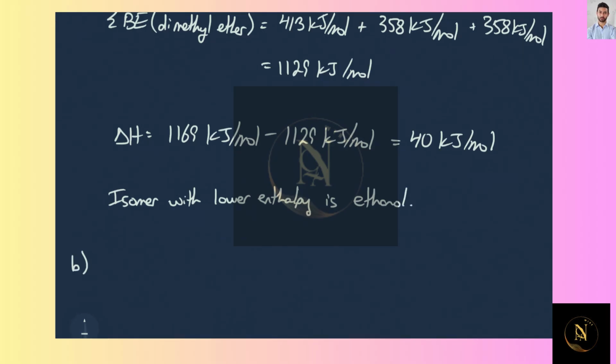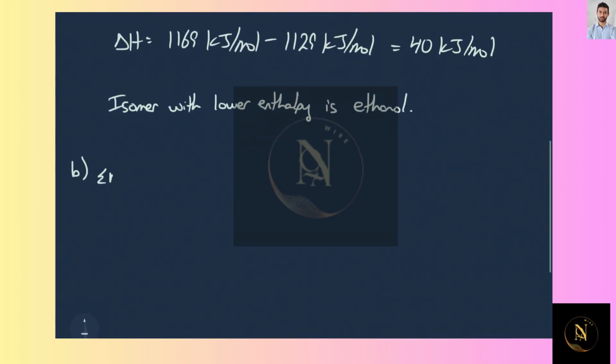Part B. Our gas phase isomerization for part B is ethylene oxide to acetaldehyde. The sum of the bond energy for ethylene oxide, we're going to break two CO bonds, and they are at 358 kilojoules per mole each.